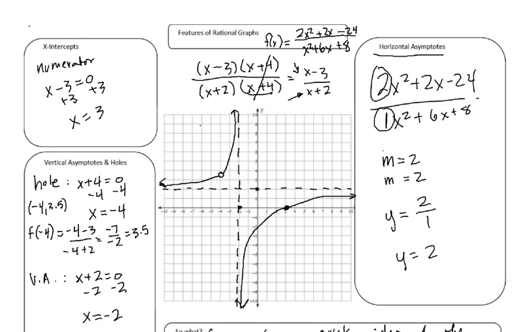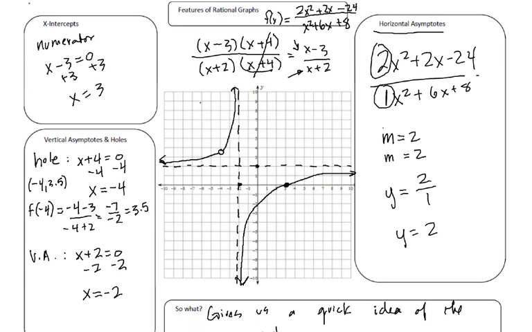Okay? So here's another example. If we were to take this, same, so my horizontal asymptote becomes 2 over 1. Right here shows you. So y equals 2, horizontal. Then I simplify these. Simplifying these, I come up with x minus 3 times x plus 4, over x plus 2 times x plus 4.